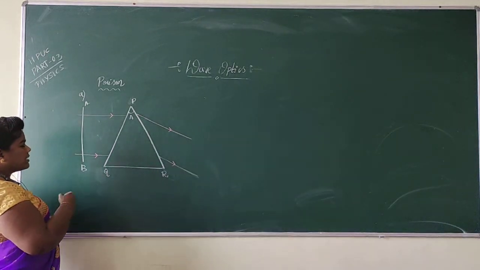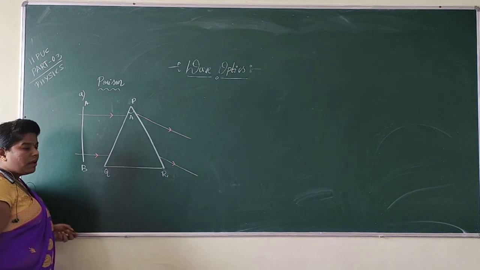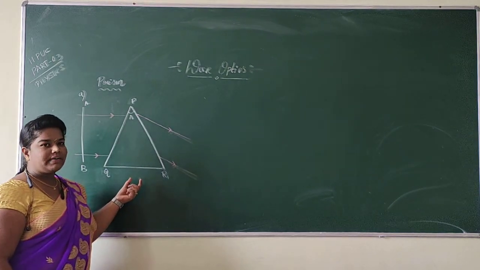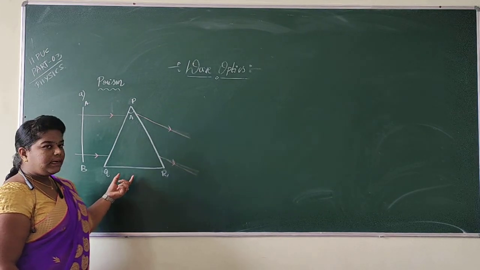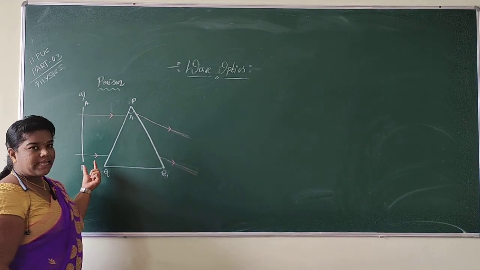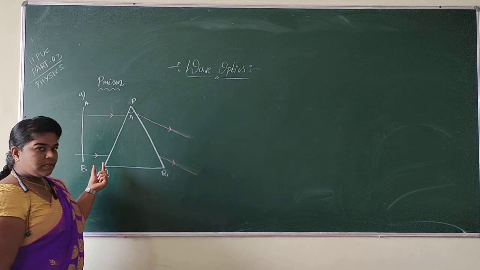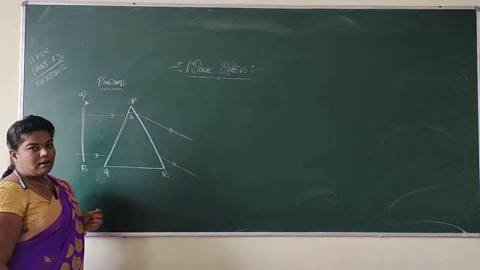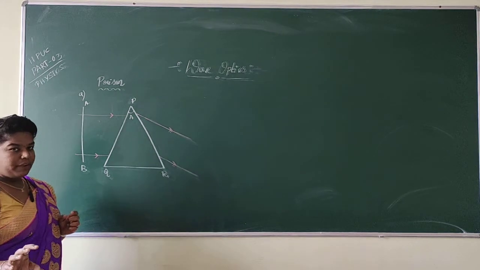Why? Because you can see that this is a prism made up of glass. It has a refractive index, call it n. The incident wavefront is AB. What happens when the incident wavefront falls on the prism? Observe carefully.